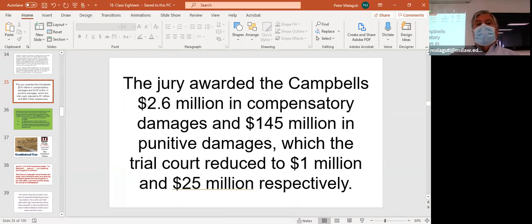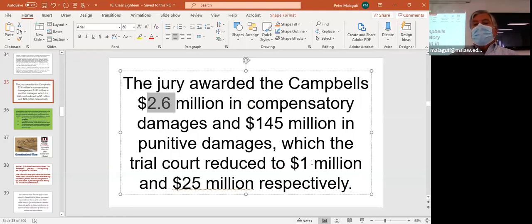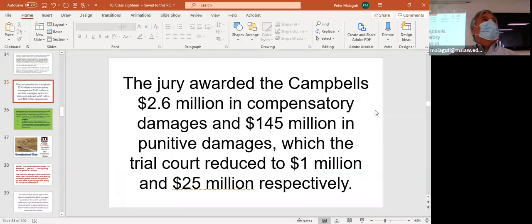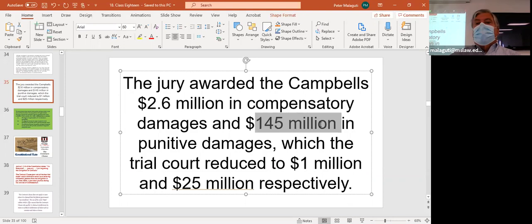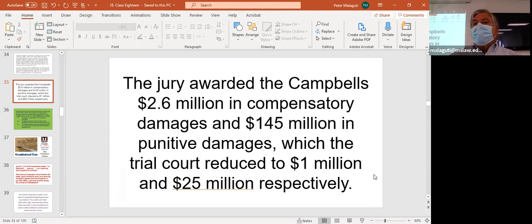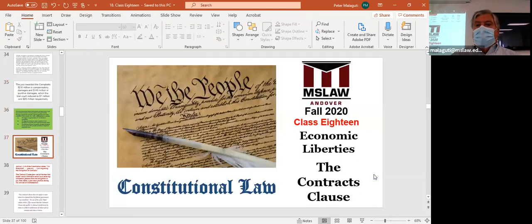Even if they had gone 10 times the 2.6, or say 10 times the 1 million, to 10 million bucks, that's just a drop in the bucket for these insurance companies. So I'm sure that was discussed in the jury room, and that's where they came up with the $145 million figure. They must have been shocked by what the insurance company had done and found it quite reprehensible. Okay. All right. That's the end of substantive due process.